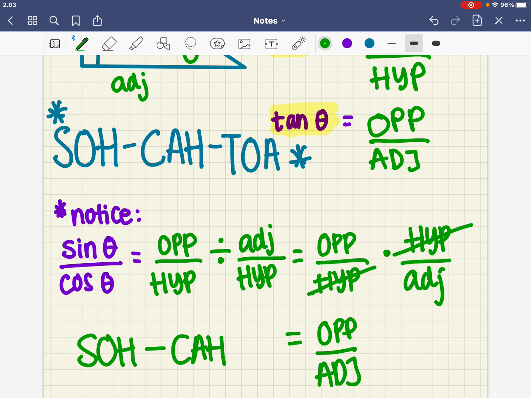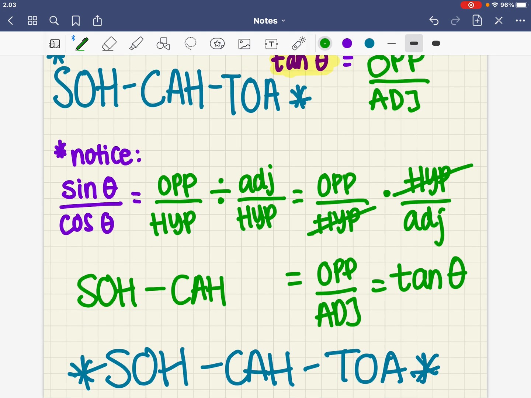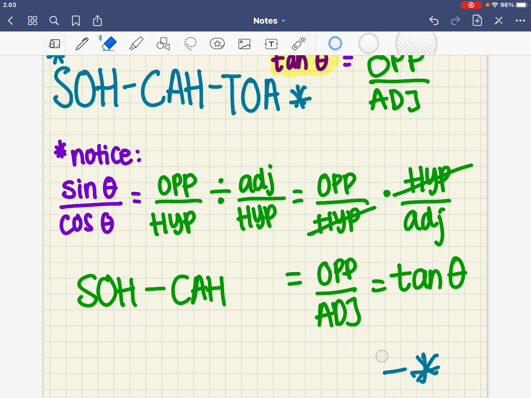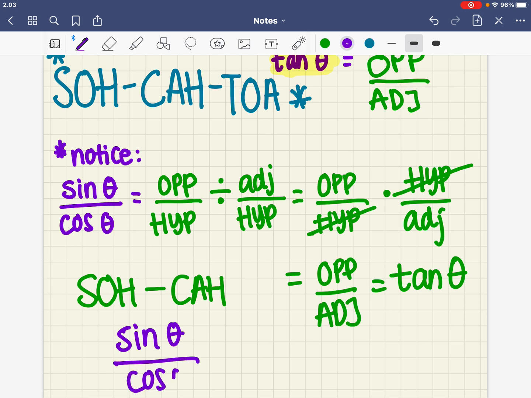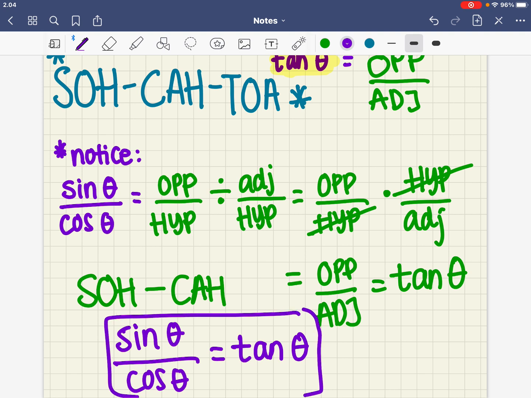And notice that is equal to tangent theta. Okay, so I have SOHCAHTOA again in the bottom so you won't forget. So actually sine theta over cosine theta is equal to tangent theta, which is quite interesting. The ratios divided by each other is equal to another ratio.